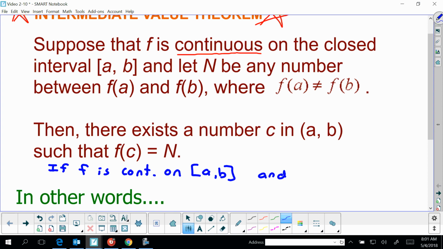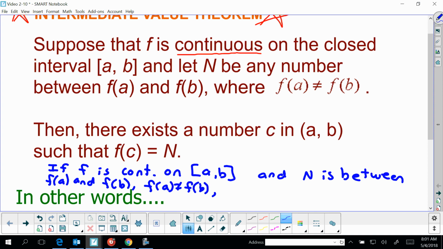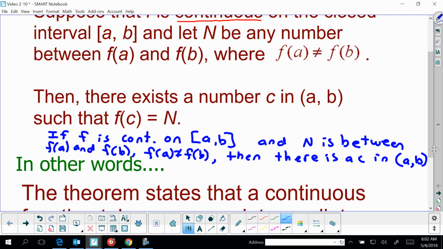And n is between f(a) and f(b), where f(a) does not equal f(b). Then, it's an if-then statement, there is a c in the open interval (a, b), meaning c can't be at the endpoints, such that f(c) is equal to n.